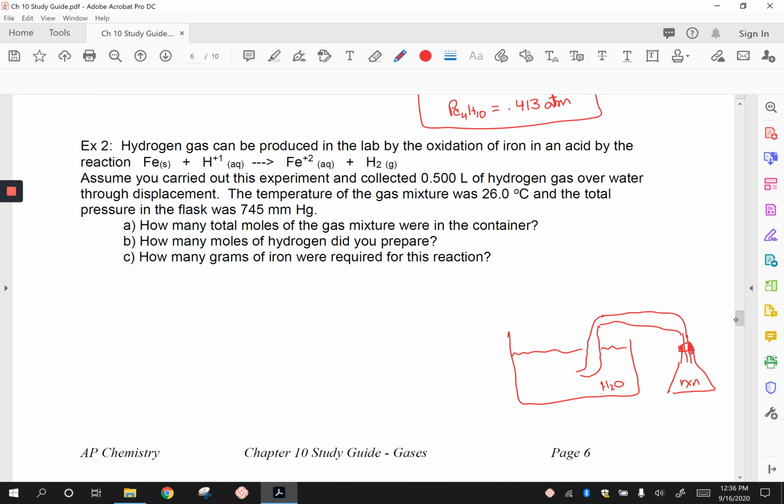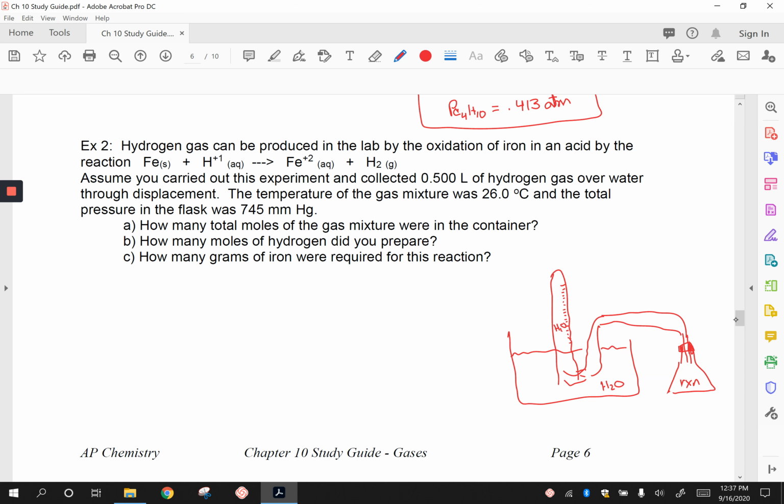And what you do is you get a eudiometer. A eudiometer is basically like a graduated cylinder that's inverted. So it's kind of like a glass tube. It looks kind of like a burette almost, and it has graduations usually. And you connect this right there. So this also has water in it, and you invert it upside down in the tub of water.